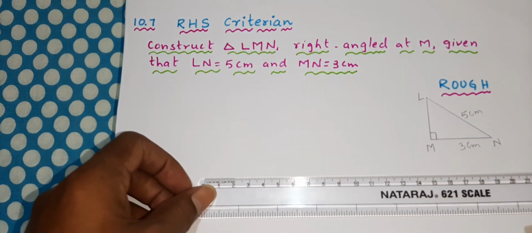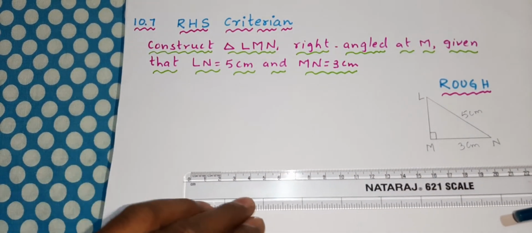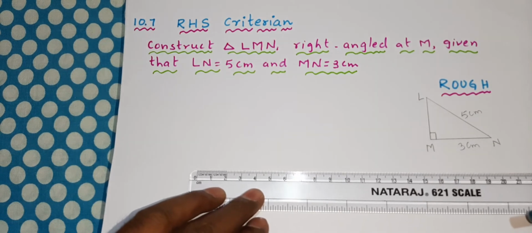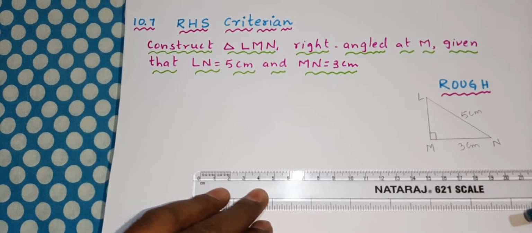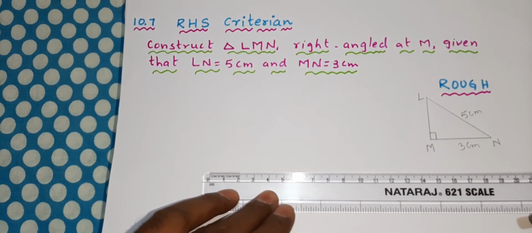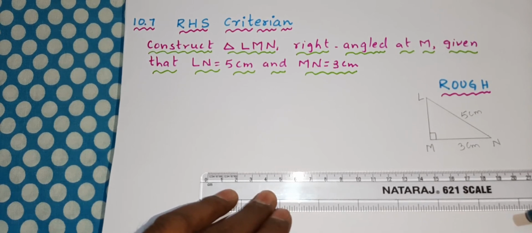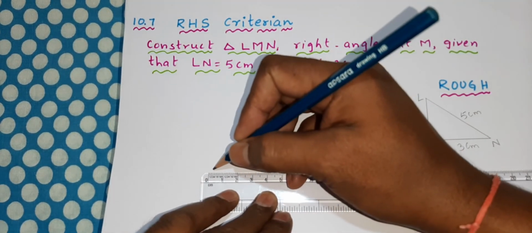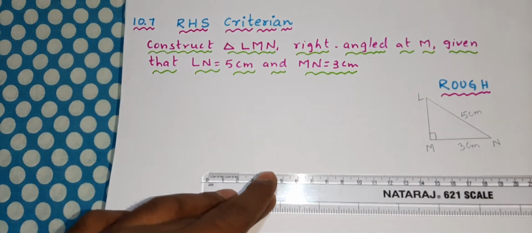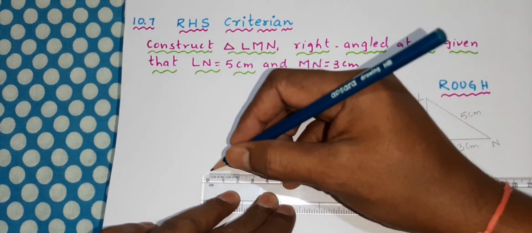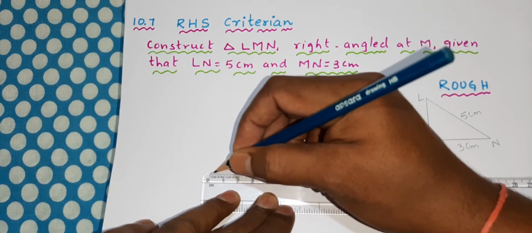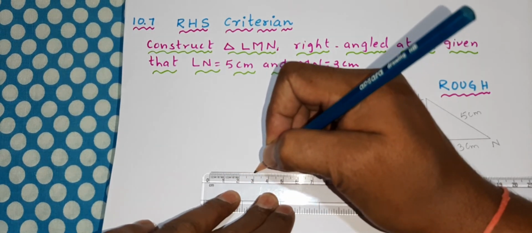Right? So it is very easy to construct 90 degrees. Clear, children? So draw MN 3 centimeter. So start from 0 up to 3 centimeter.